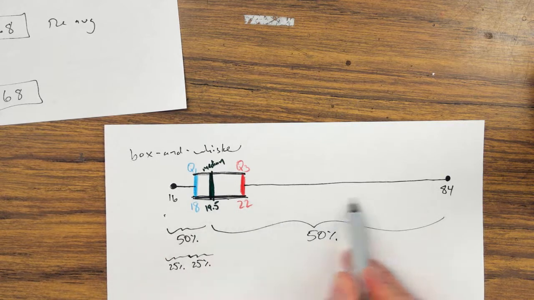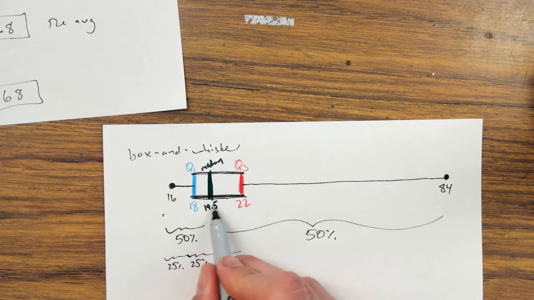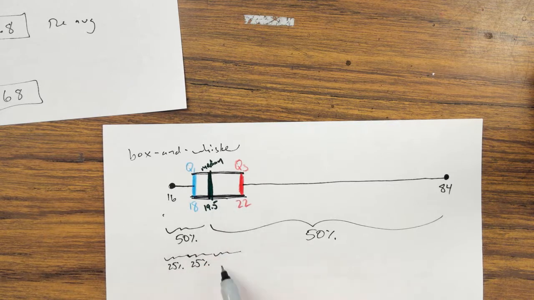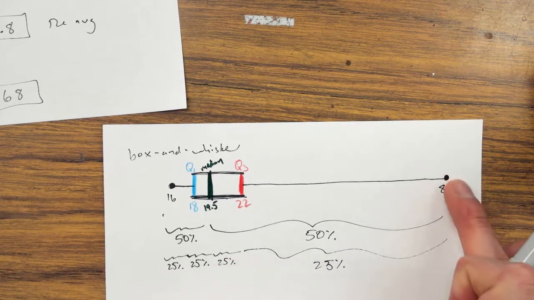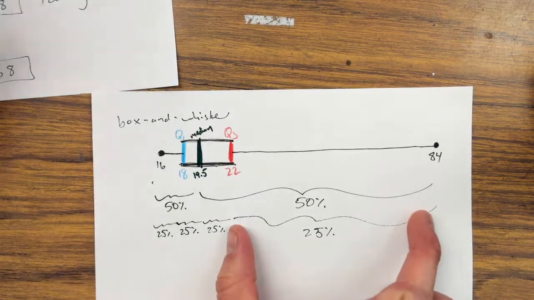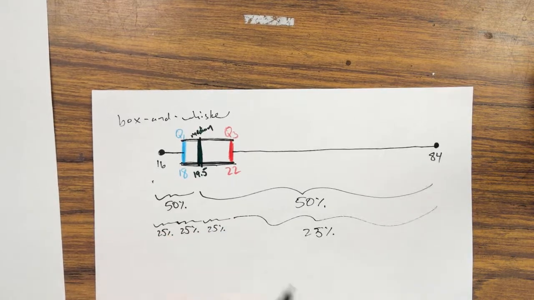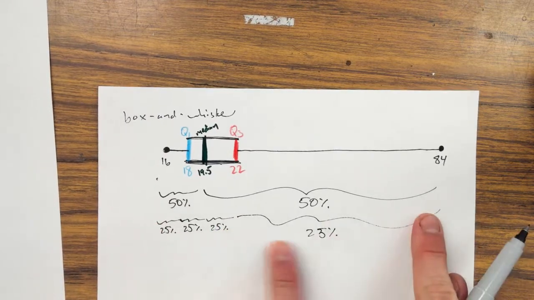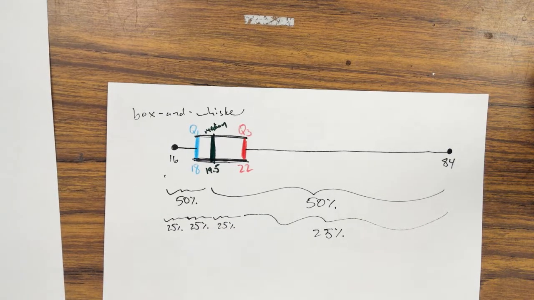And the same can be said of this 50%. 25% are between 19.5 and 22, and then the other 25% take up all this space over here. So that's why the 84 is such an outlier, because there is such a large space, unlike the other three. These three are more related. This one is definitely not as related. The box and whisker shows that.